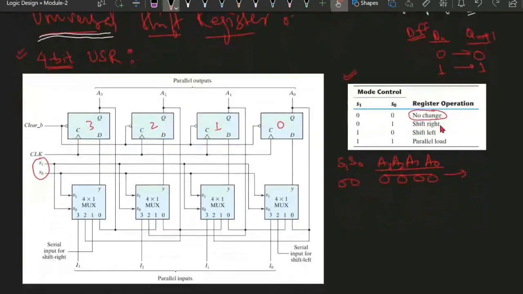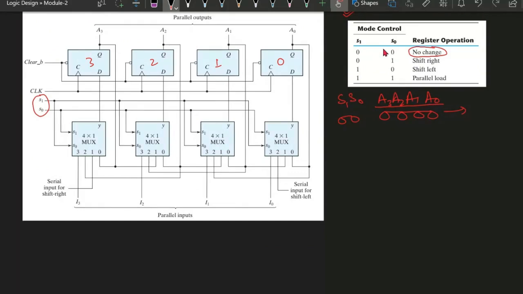Similarly here, if select lines are 0, 0, and A0, A1, A2, A3 are 0, 0, 0, 0, it will retain the same value. The same value is fed back and given again to D, so there will be no change.